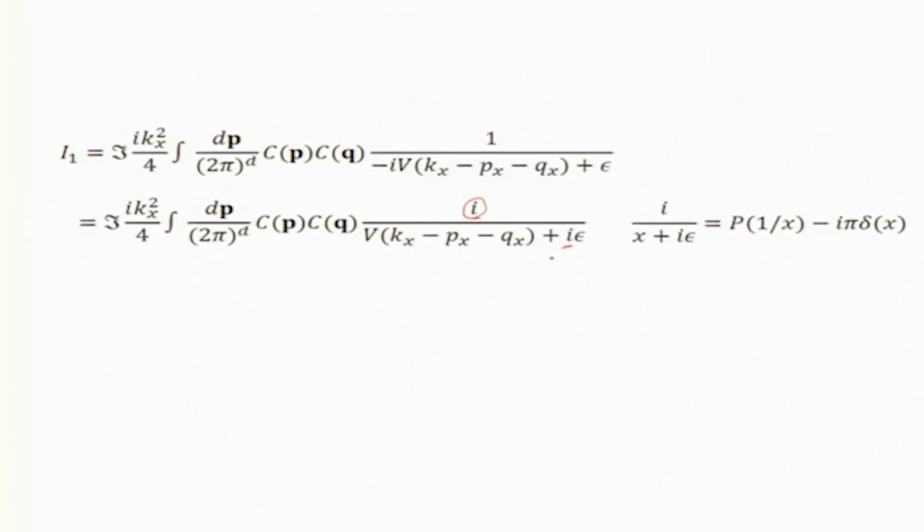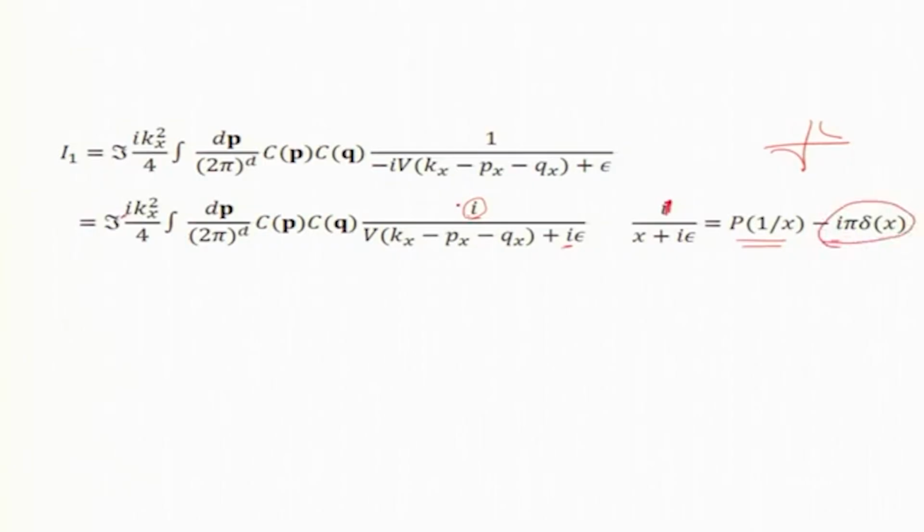Then 1 by x plus i epsilon is a principal value 1 by x minus i pi delta x. I derived this, and the principal value is 0 for this part. You believe me, the principal value is 0, plus and minus cancel. For 1 by x, the principal value is 0 anyway. If I integrate and sum it up, they will cancel. So, this is the non-zero part.